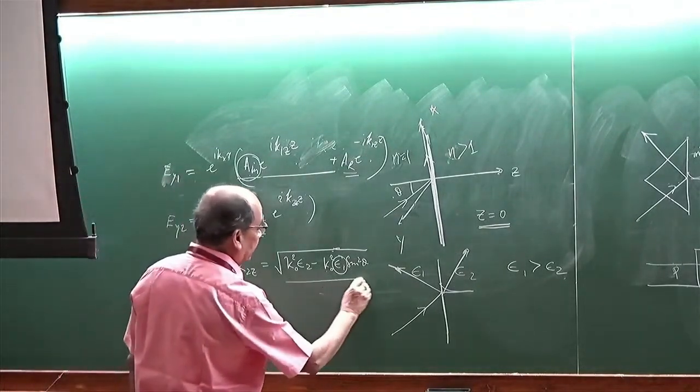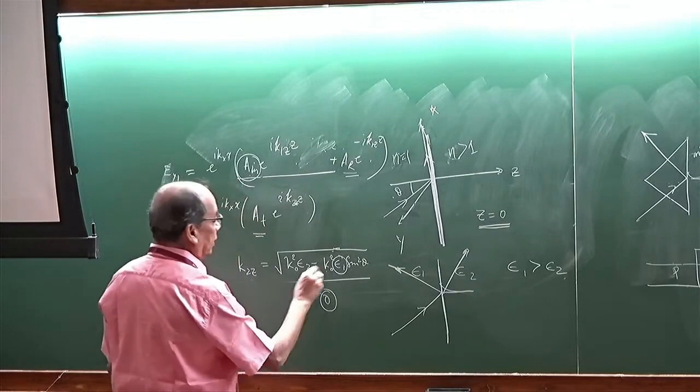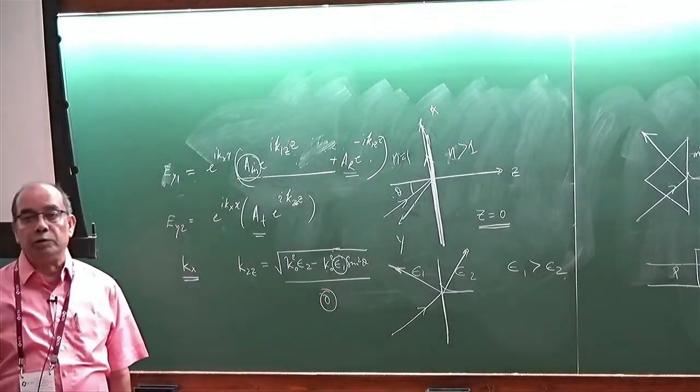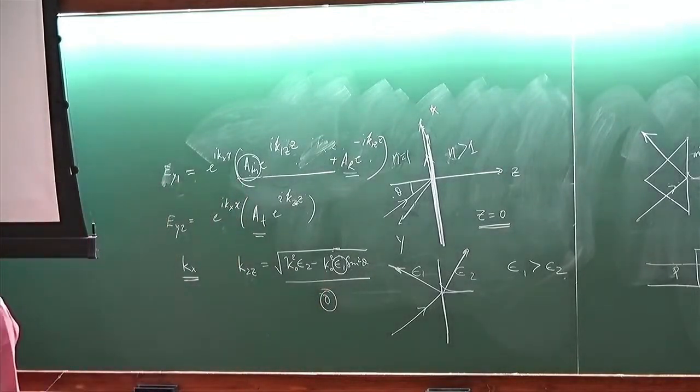The moment this quantity crosses 0, earlier real, it becomes purely imaginary. So the moment theta crosses theta critical, you encounter total internal reflection. Do not think that the wave doesn't penetrate at all into the second medium. It does penetrate, and that's the reason the wave has an evanescent character. I'll come to exact expressions for these waves at a later stage in one of my slides. Let's now get going.